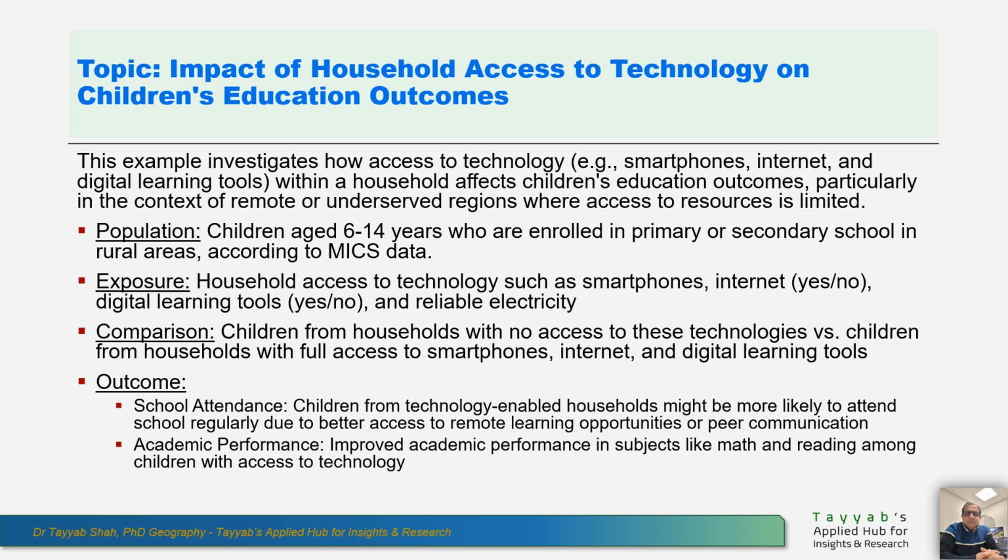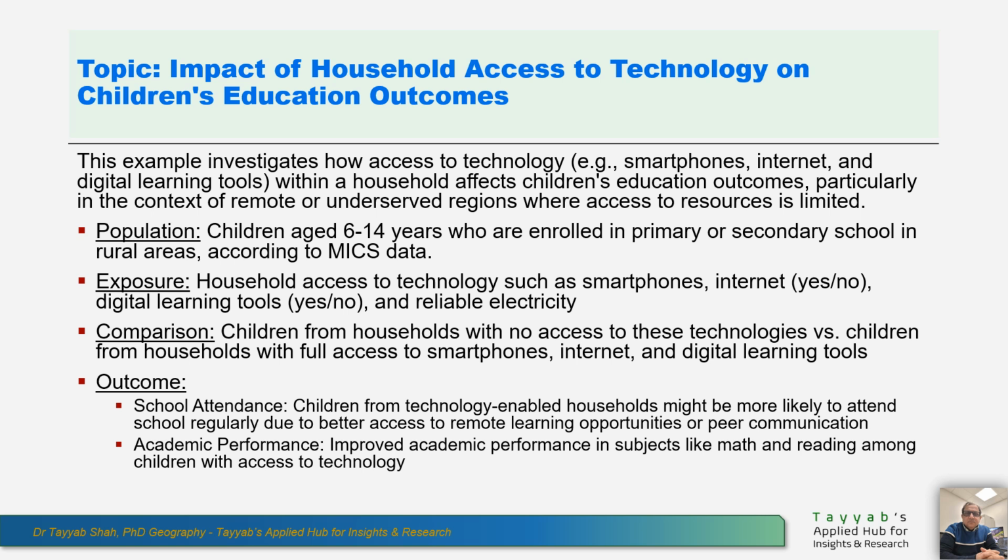You want to see whether the new technology and the trend in technology and access in the household can be converted into an education outcome for the children living in that household. So this example investigates how access to technology within the household affects children's education outcomes. So try to fit those four components of this framework.